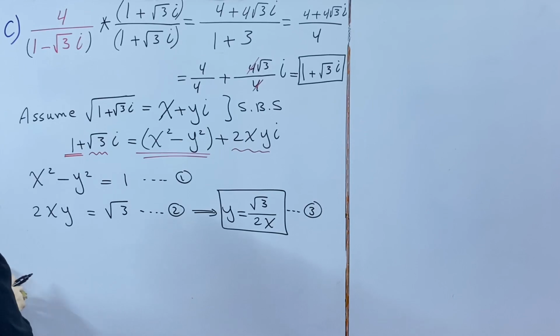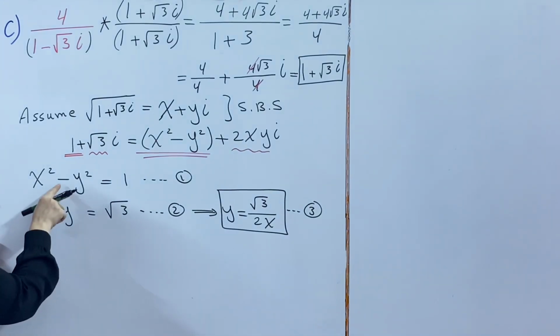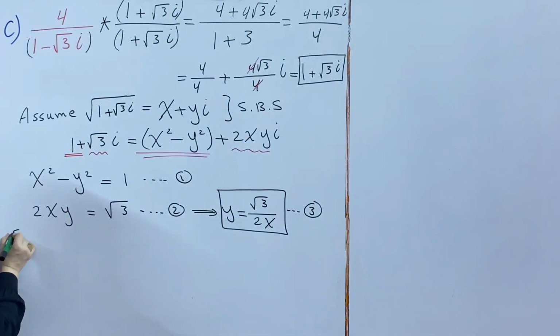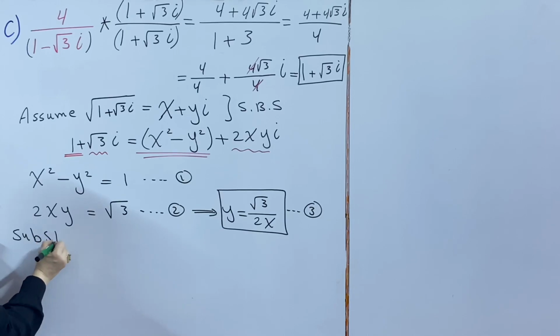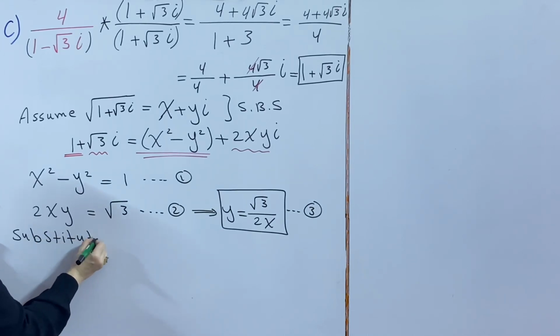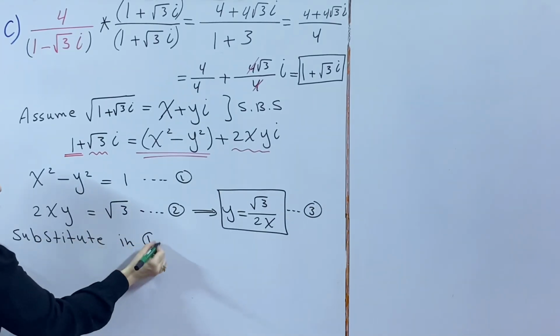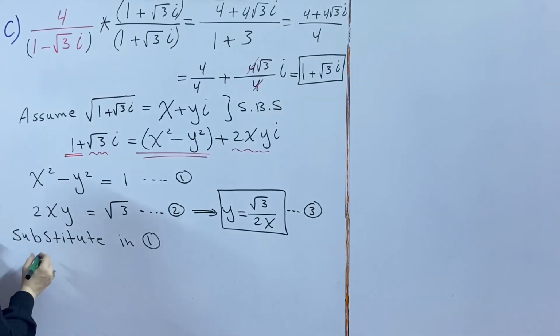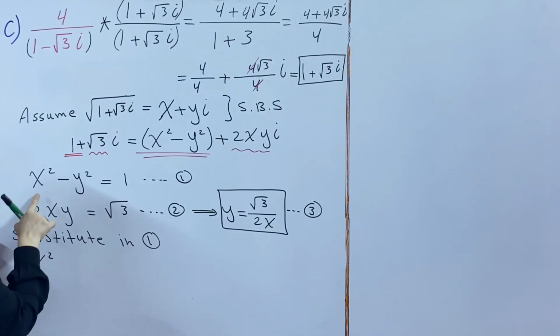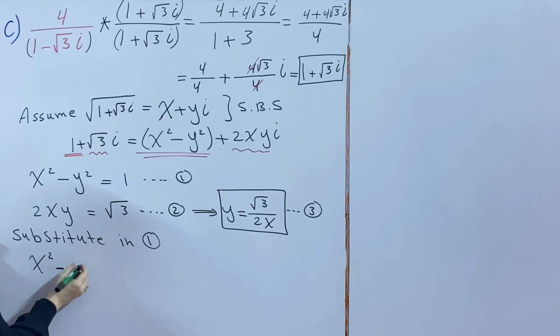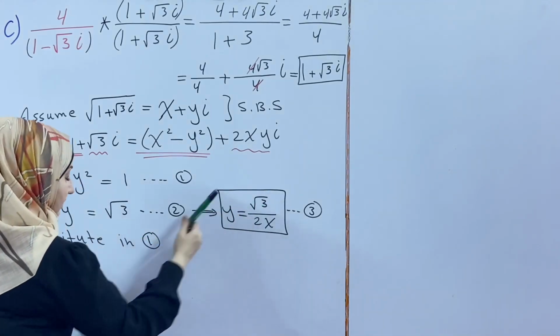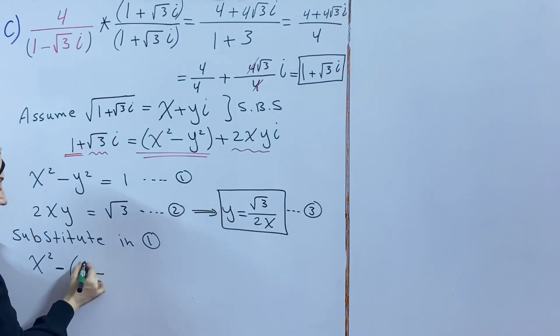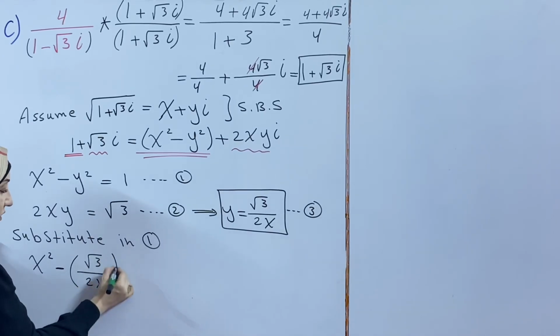I will substitute the value of y in equation 1. So I will get x squared minus y squared, that means the value of y, square root of 3 on 2x, all squared, equals 1.